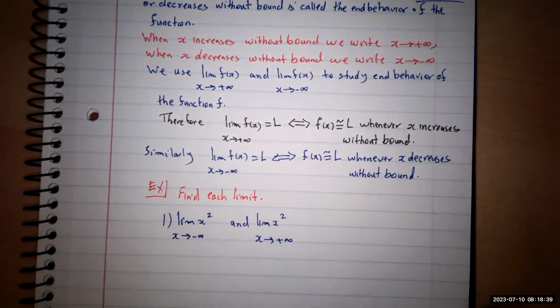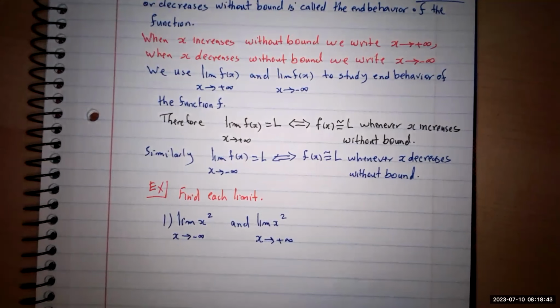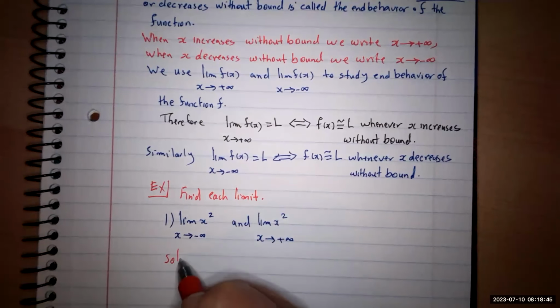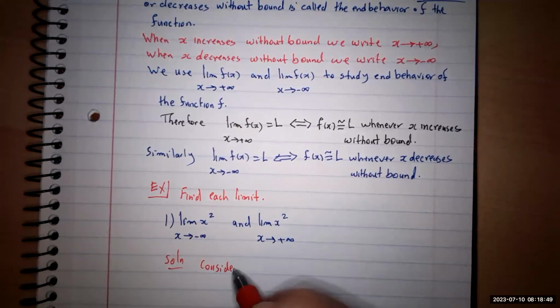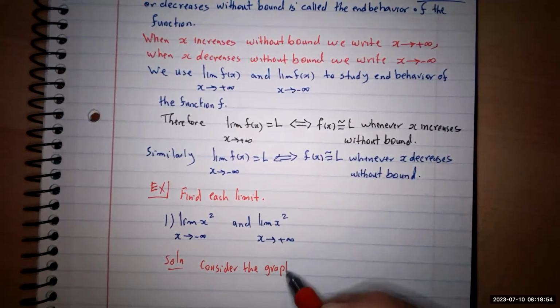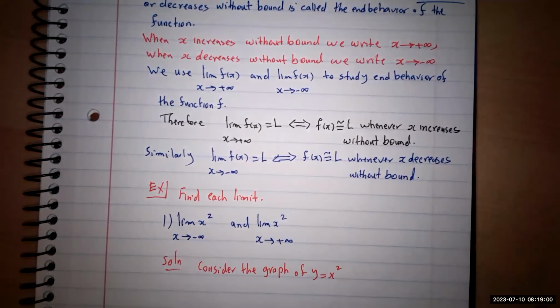To get the idea, you can check the graph of this function. Consider the graph of y equal to x squared, this is how we do it in algebra. You see, this is going to be a parabola.